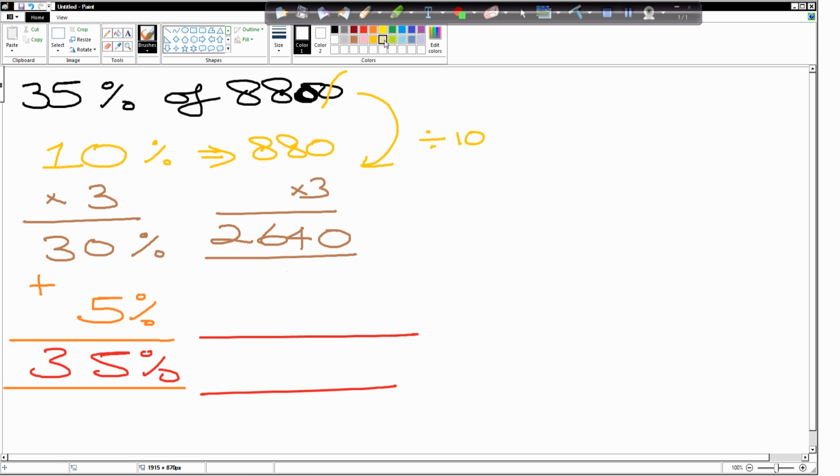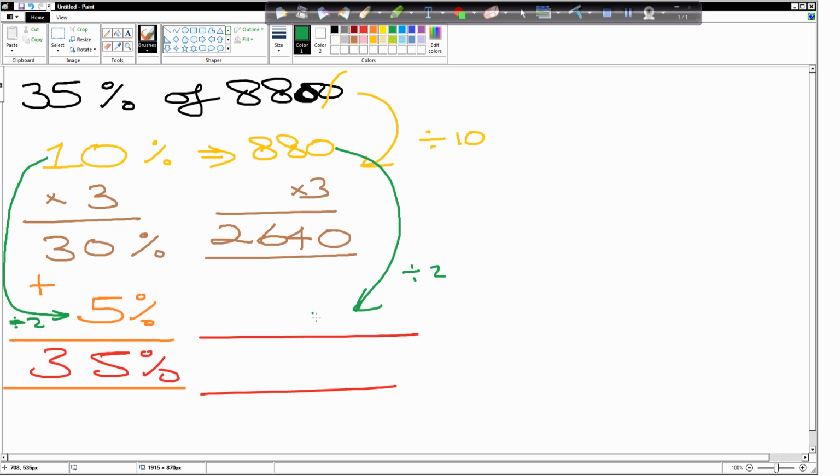Now, how do we work out 5%? Do we work out 5% from 10%? How do we get from 10 to 5? What do we do? Divided by 2. Okay, where's 10% on this side? 880. Divided by 2.